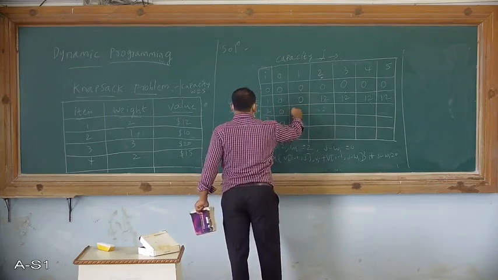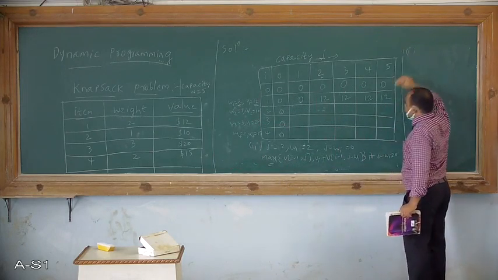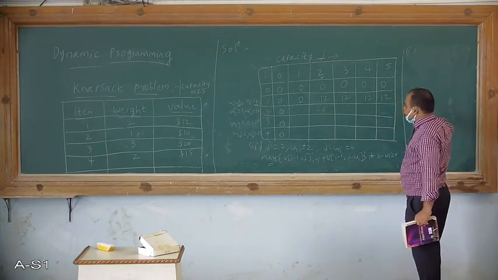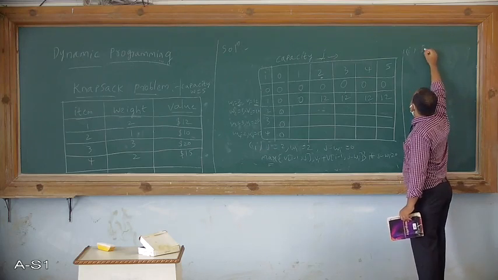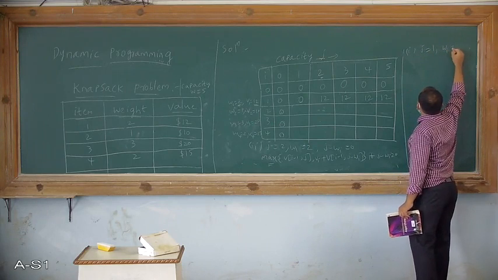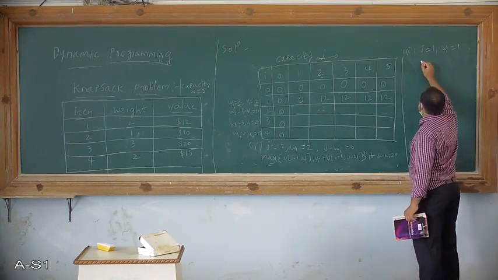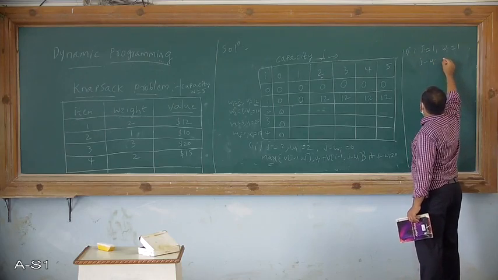The things will change here, so I will write it as 1 here. What is the value of j here? J value is 1 and wi value is again 1. J minus wi is equal to 0.